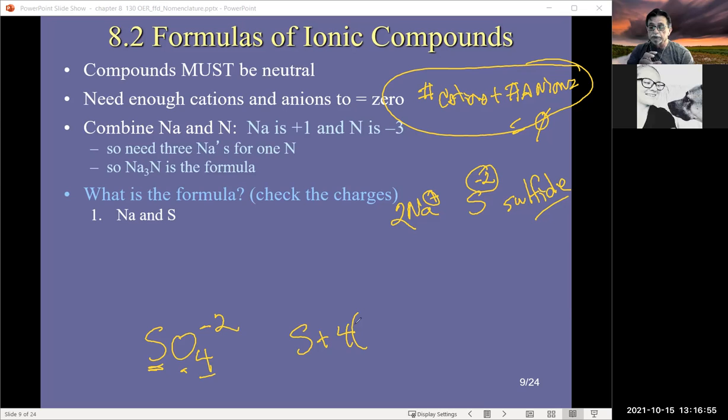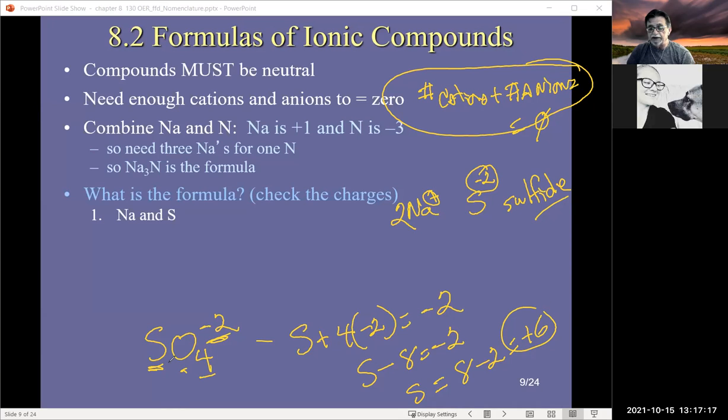So there's a -2 in the oxygens, and that is equal to a -2 of the overall molecule. So we got sulfur - 8 equals -2. Sulfur is equal to 8 - 2, which equals +6. So in this state, the sulfur in the sulfate ion has a +6.